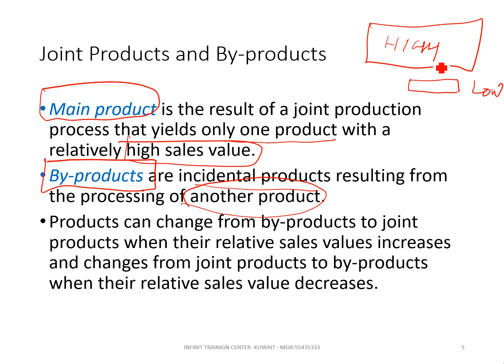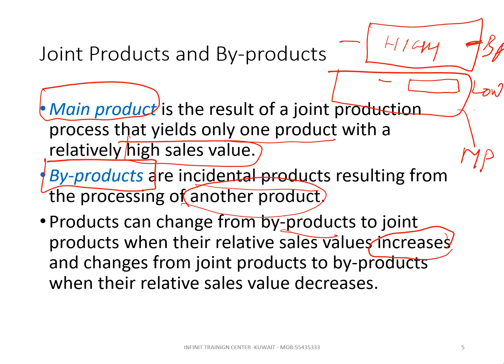That is how we segregate main product and byproduct. If the value of the low-value product increases, for example, then we have to consider it the main product, and the old main product will be considered a byproduct. Again, it is based on the value of the product. That's what is mentioned here: products can change from byproducts to joint products as their relative sales value increases.